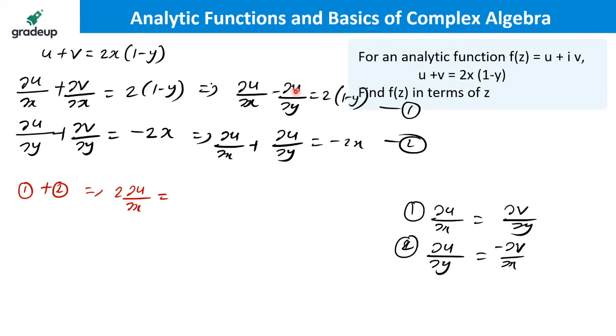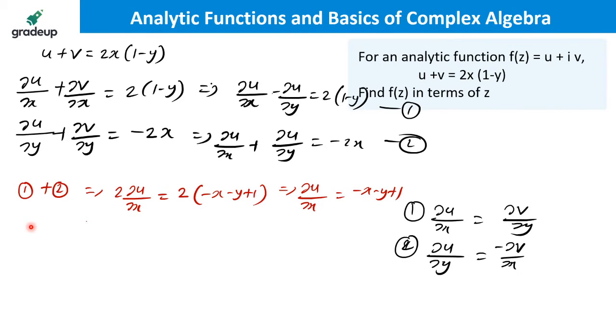These two terms will be cancelled. Taking 2 common, minus x minus y plus 1. So 2 gets cancelled. You are getting the value of del u by del x: minus x minus y plus 1.